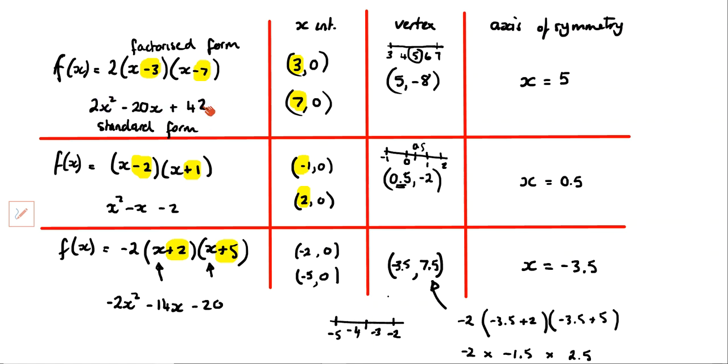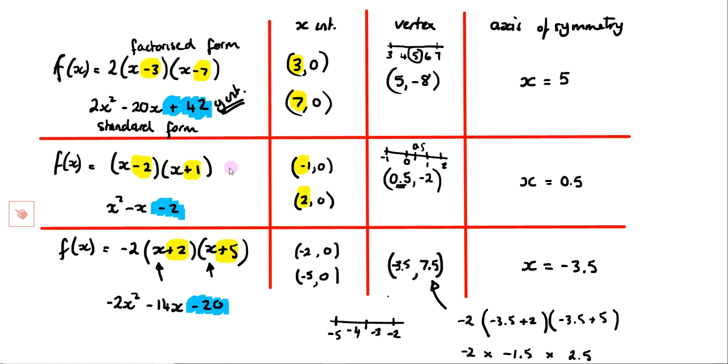So at the moment, for this stuff, the standard form is not particularly useful. But do you remember what the standard form is useful for? There's a number in there that is really useful. What would that be? What's that number? Yeah, that's the y-intercept, isn't it?